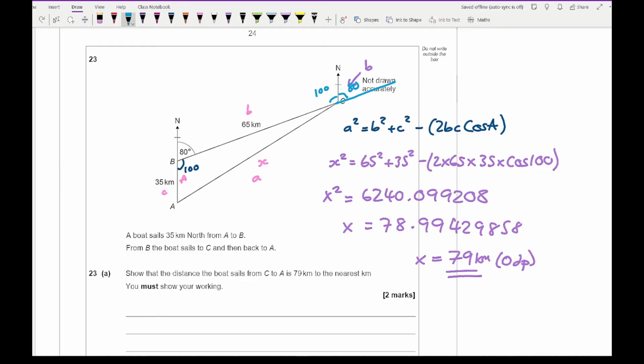And then all that I need to do is work out what this angle here is. Now I'm just going to call that y.